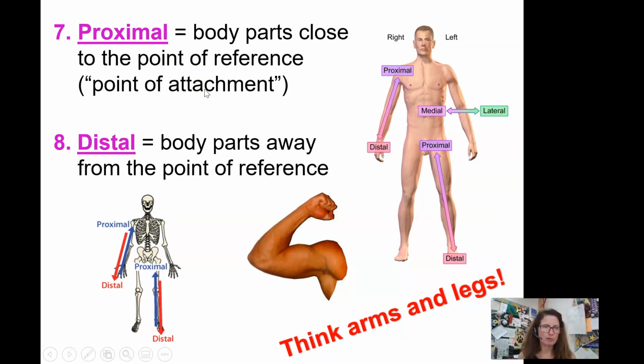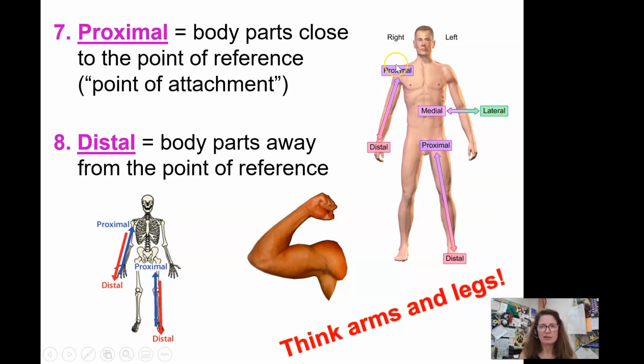So let's think about arms and legs. Where does your arm attach? It attaches here. When you're talking about two body parts in relation to this part here, that's your point of reference. So let's talk elbow versus wrist. You're comparing them to each other, but in relation to who's closer or farther away from your point of attachment.